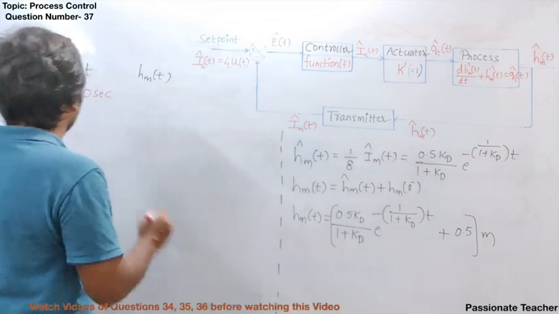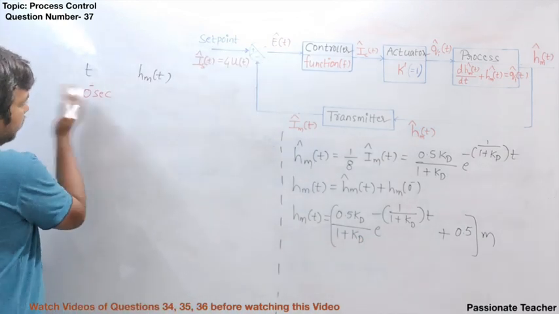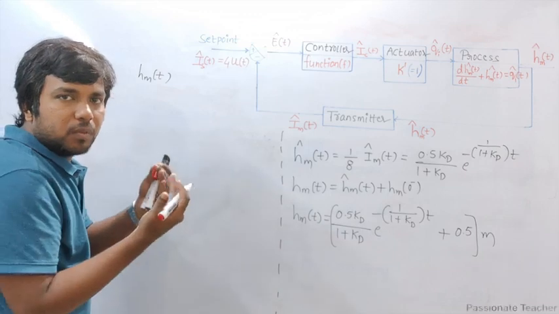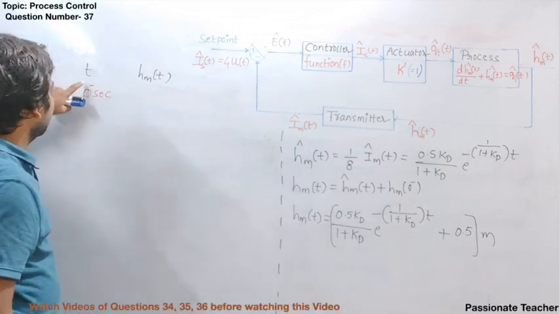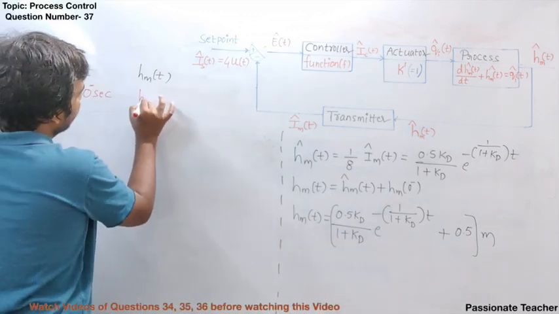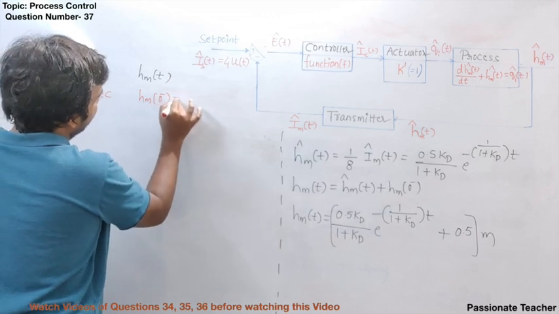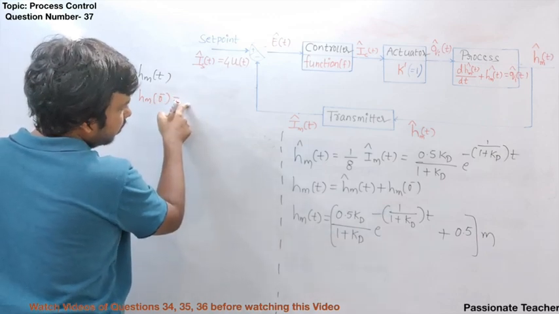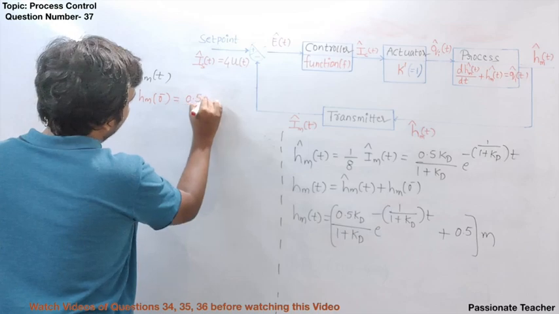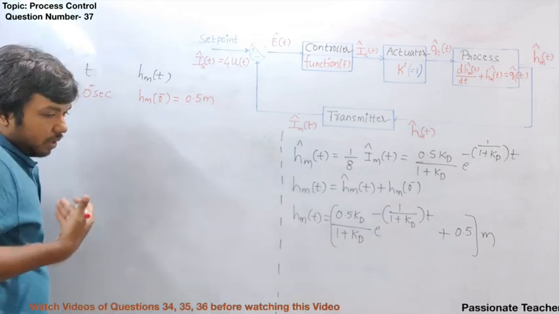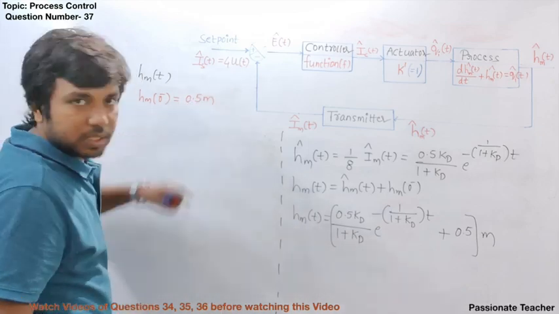In fact, it is better to look just before 0 seconds, before we change the set point, that is 0 minus, then it is equal to Hm of 0 minus. I am sure it will be equal to 0.5 meter. Everybody who has been attending for the past 3 videos can understand this, right?